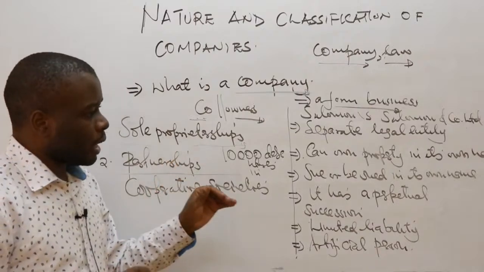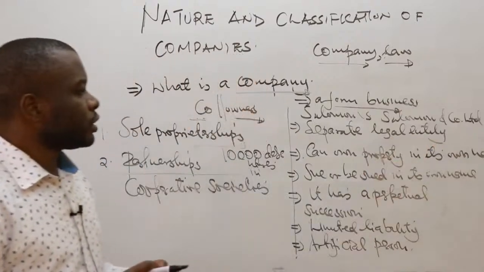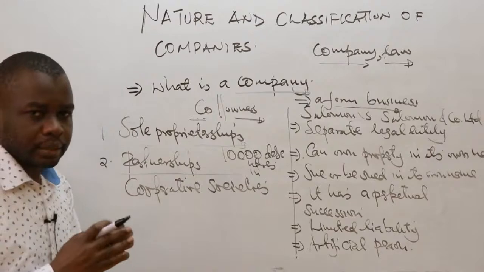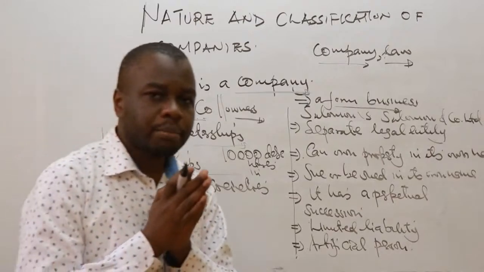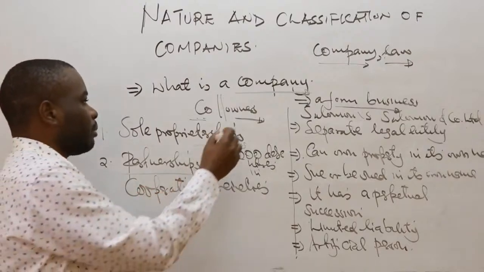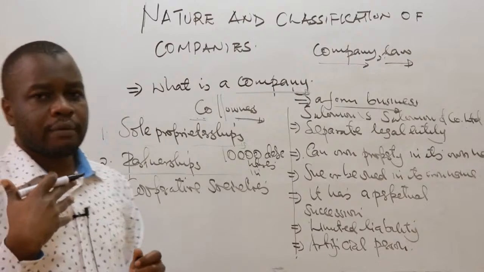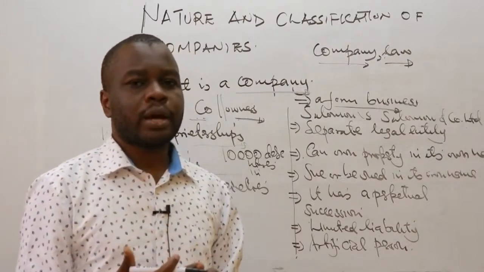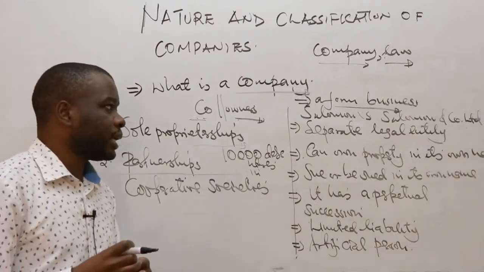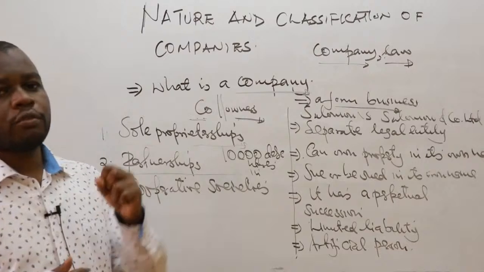Then of course, a company can also own property in its own name. Once the company is registered, or formed, any property can be registered in the name of the company and not in the name of the owners. For example, if we have a company like Safaricom, whereby we have the shareholders, any properties acquired by Safaricom will be registered in the name of Safaricom as a company and not in the name of all the shareholders.